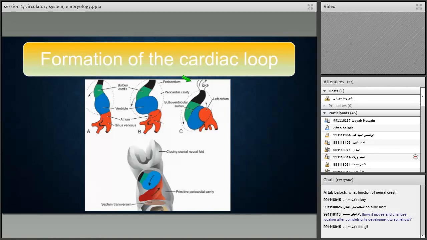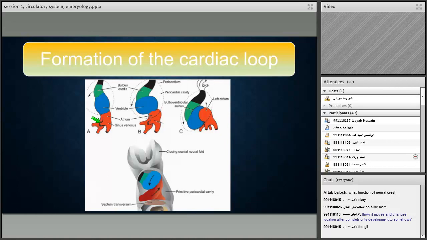Now about the formation of the cardiac loop. This is the precardial cavity, and this is the heart tube. Listen please. This is the heart tube. We want to talk about the formation of the cardiac loop.